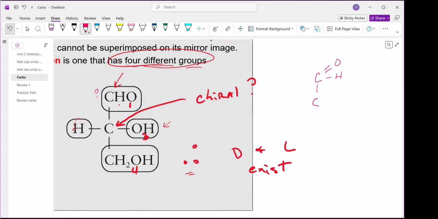That's that guy there. So look at that carbon. How many groups are attached to that carbon? Three, not 4. That's why it's not a chiral carbon.